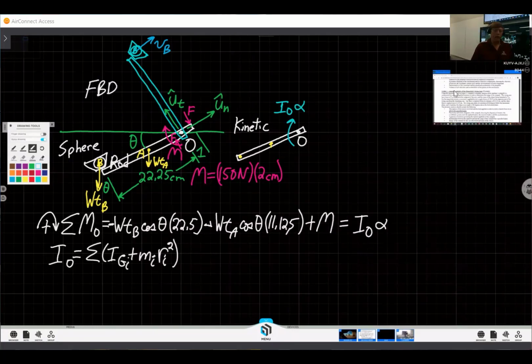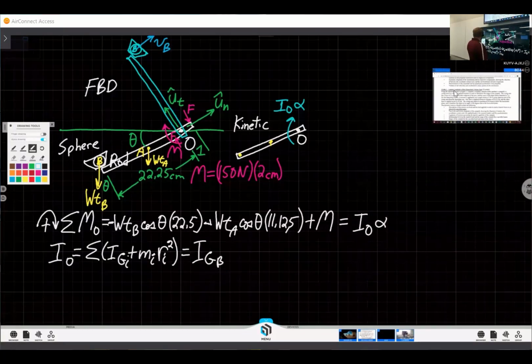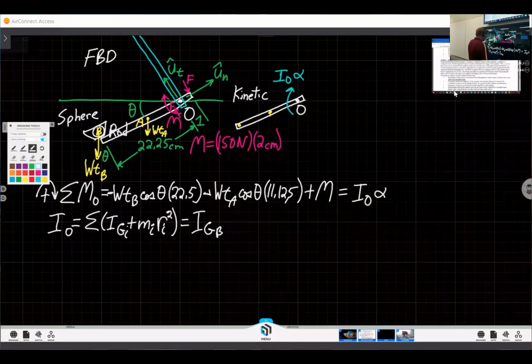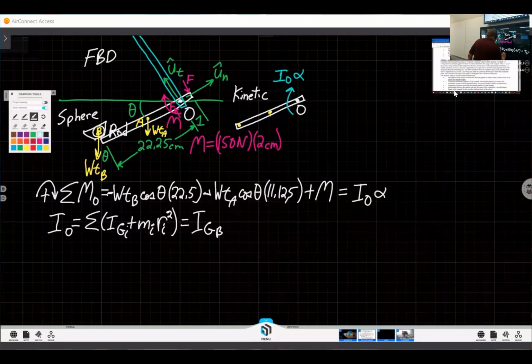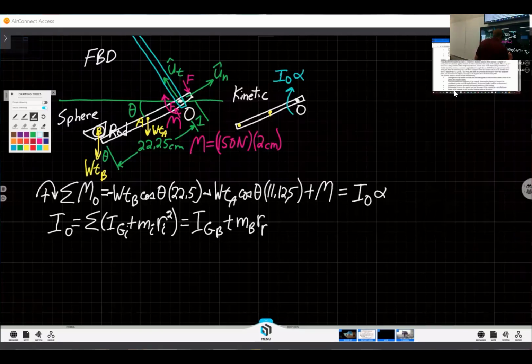So what are those two objects? We got the I_G of the ball, plus the mass of the ball and I'll label it as R_B, we need to figure out what that is.